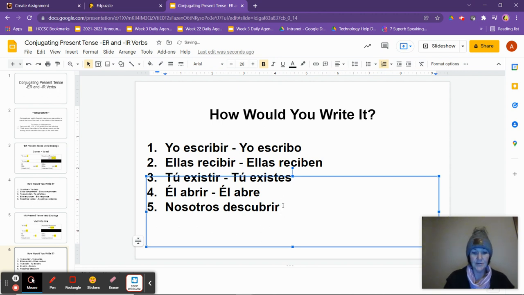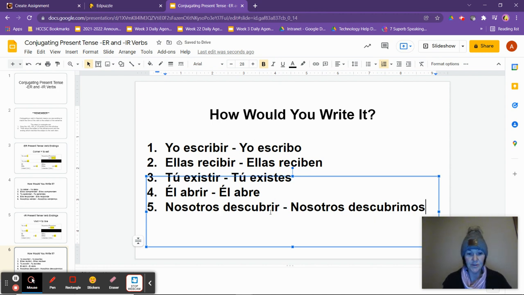And then for nosotros, okay, so I'm going to drop the IR, add IMOS, because for the IR verb conjugations for nosotros, I need IMOS, IMOS.